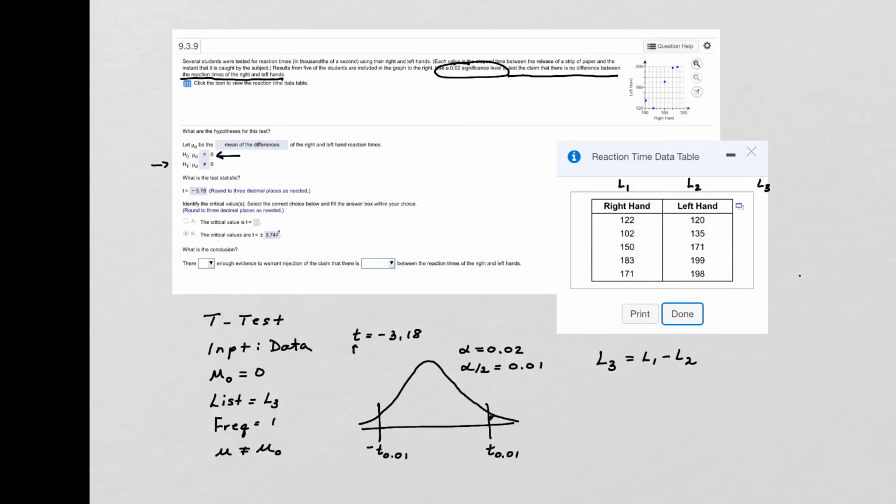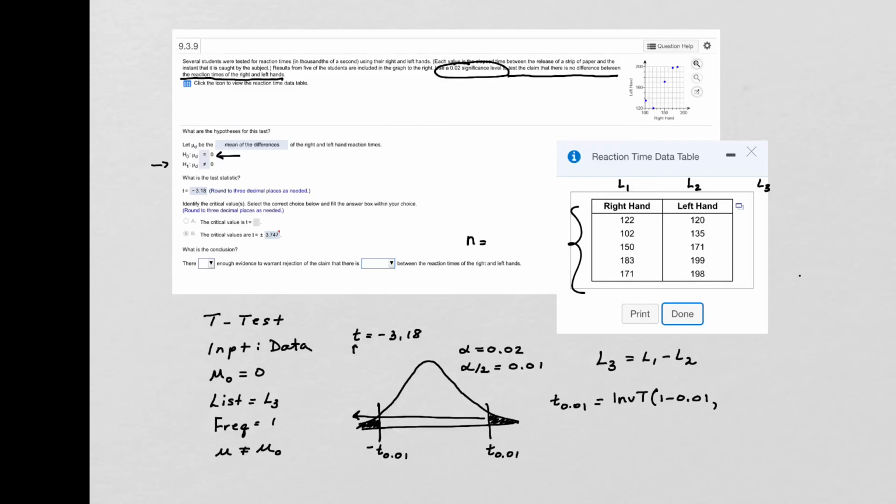That'll give me those critical values. So how do I calculate t sub 0.01? I'm going to use the inverse t function in the calculator. The area to the left is going to be 1 minus 0.01. Then I have to give the degrees of freedom, so that's why I need this data here.